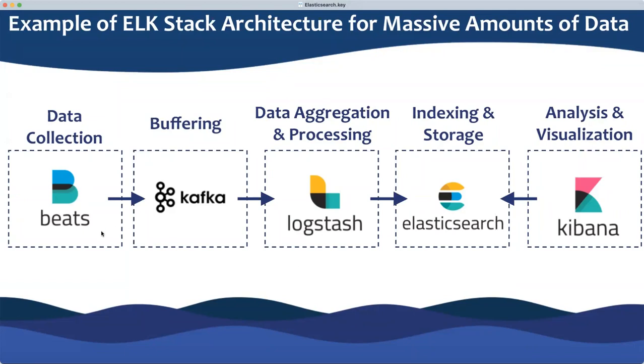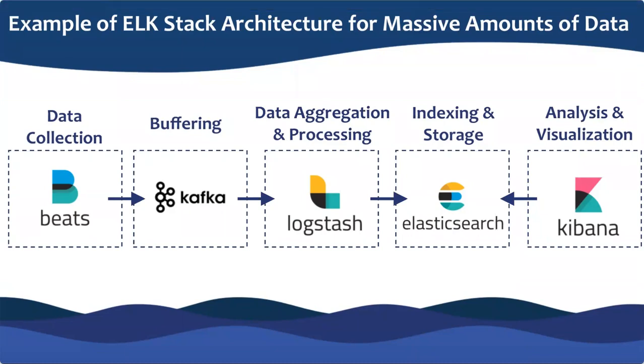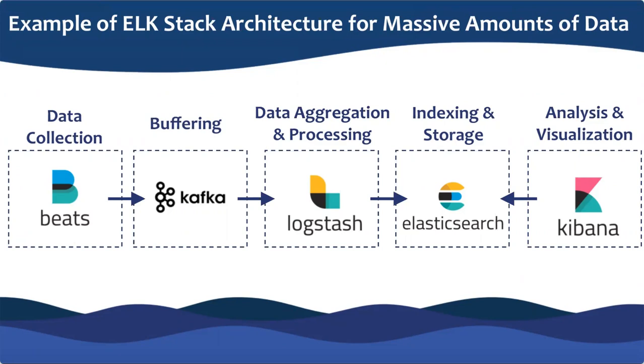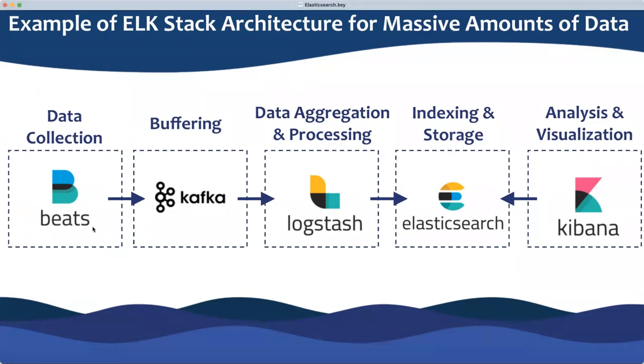So Beats is separate from your application. You wrote your application to generate logs and write them to a file on the file system. You could use any logging library for it. So that part still remains unchanged. Beats is completely isolated. Now you may have 5 applications running on, let's say, one instance of the host, like one VM. Then there will only be one instance of Beats on that VM.